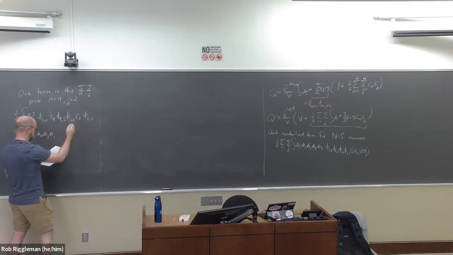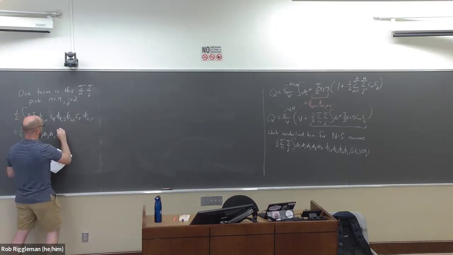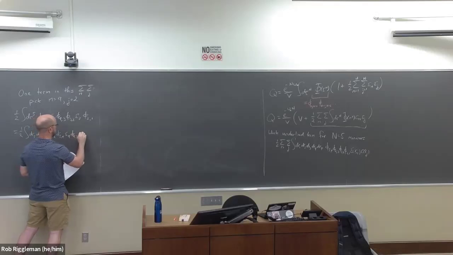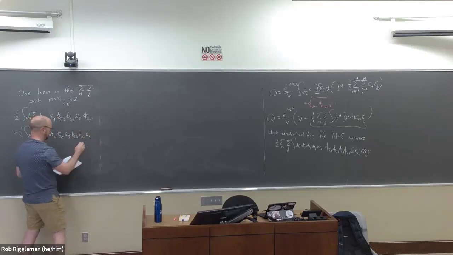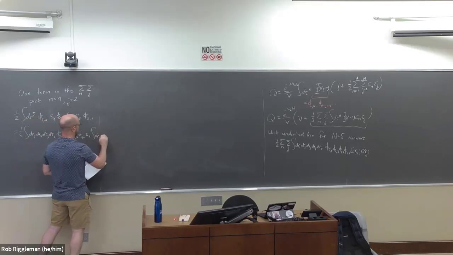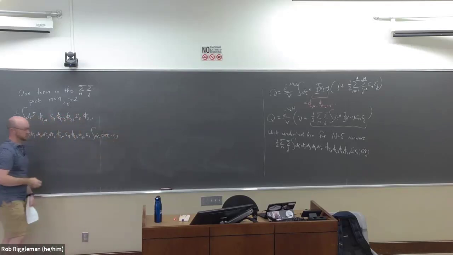And then we'll have bond transition 5, 4, epsilon 4, bond transition 4, 3, bond transition 3, 2, epsilon 2, and then integral dr1 of the bond transition of R2 minus R1.